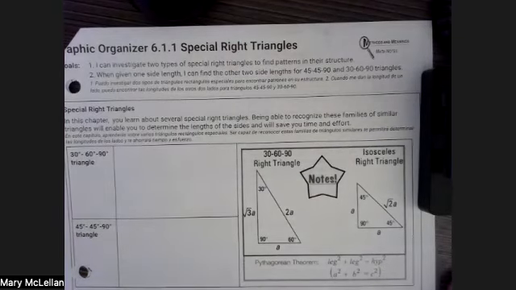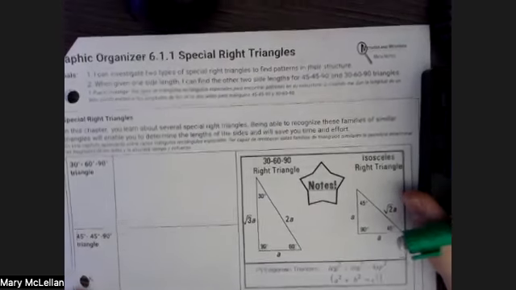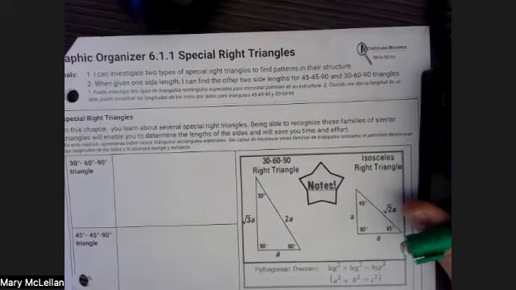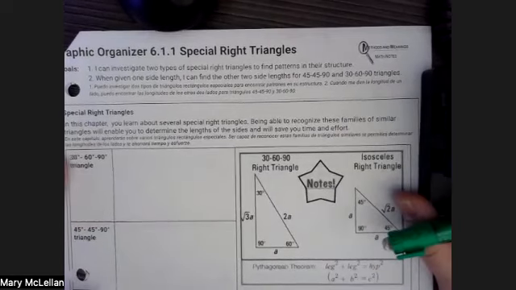So, the goals for note 6.1.1 were twofold. First, you would be able to investigate two types of special right triangles to find the patterns in their structure. And second, when given one side length, you can find the other two side lengths for 45-45-90 and 30-60-90 triangles.